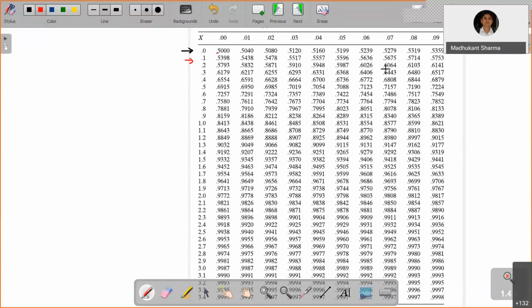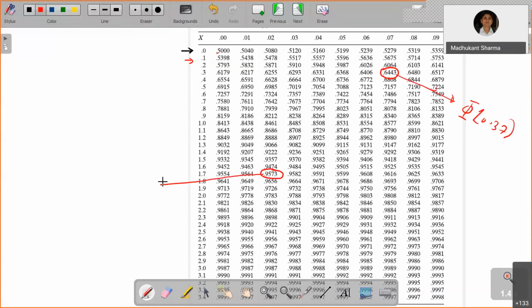If I want to read this value, what will it represent? This corresponds to this row, meaning 0.3 plus 0.07. So this is going to be 0.37. So this value will be phi of 0.37. Similarly, let's say this value, what will it represent in this normal table?